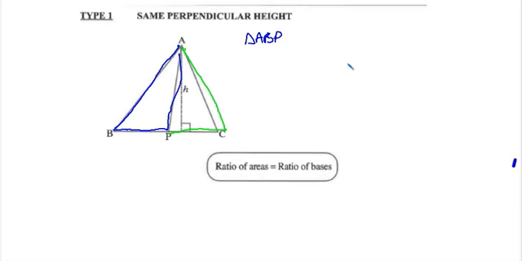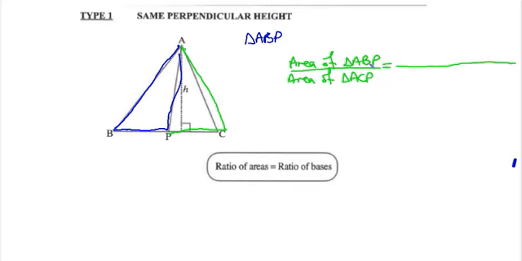Let's show that. You remember the area of a triangle. So we are saying in this case, area of triangle ABP over area of triangle ACP will be equal to my dividing line there.